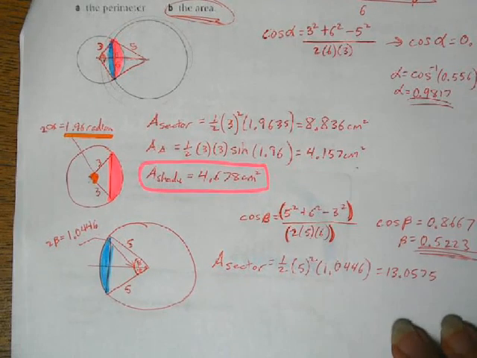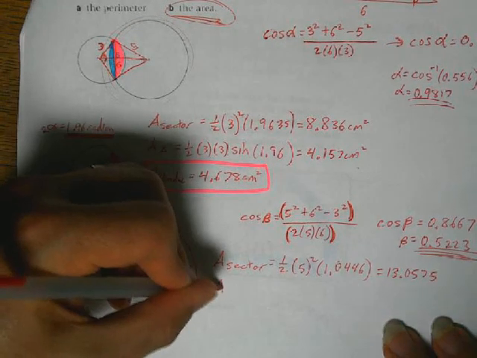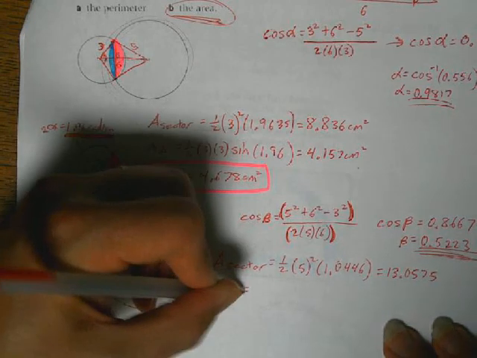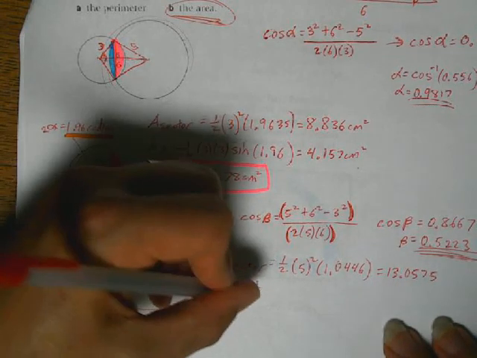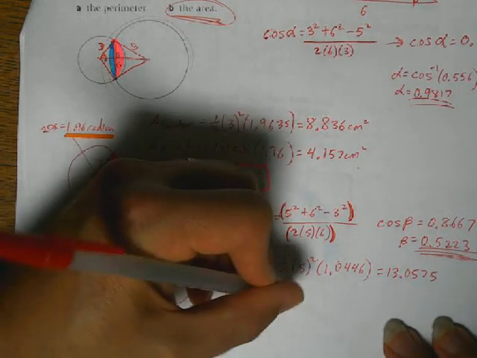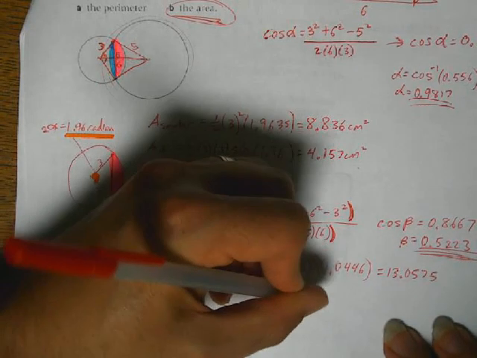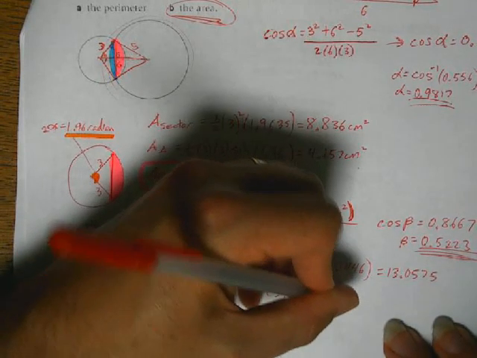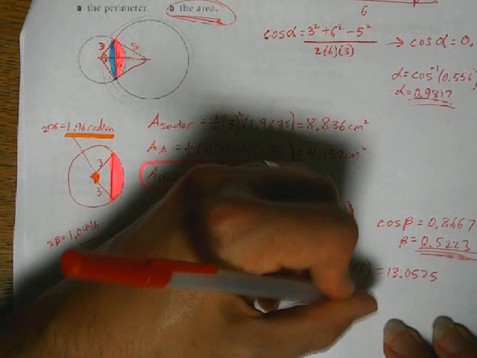Now the area of this triangle is equal to 1/2 times 5 times 5 times sine of that angle, 1.0446.